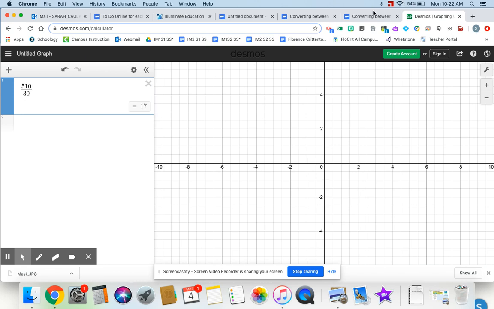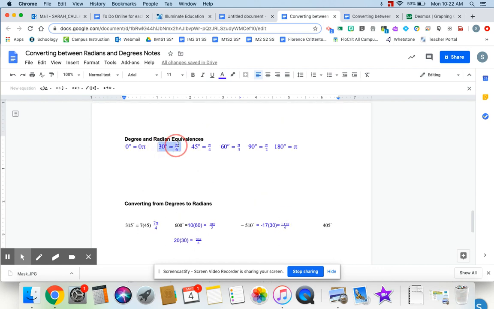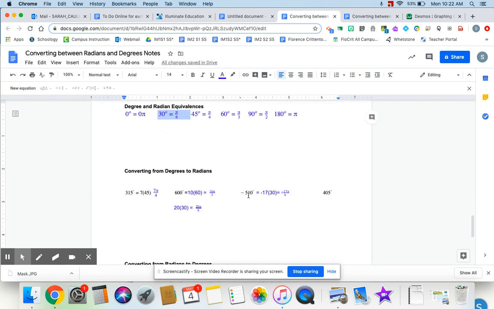And so I have 17 30s. So it's negative 17 of the 30s because the original degree was negative, which means in radian form, I have negative 17 of the pi over 6, right? So negative 510 degrees is the same thing as negative 17 pi over 6.